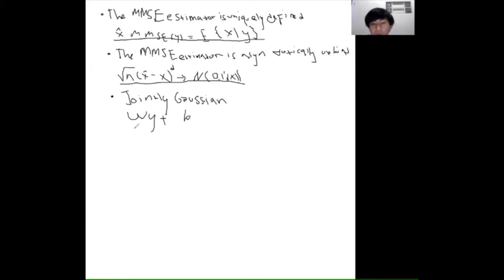It has the form W y plus b, for a matrix W and constant b. This can be directly shown using Bayes' theorem. As a consequence, to find the MMSE estimator, it is sufficient to find the linear MMSE estimator.